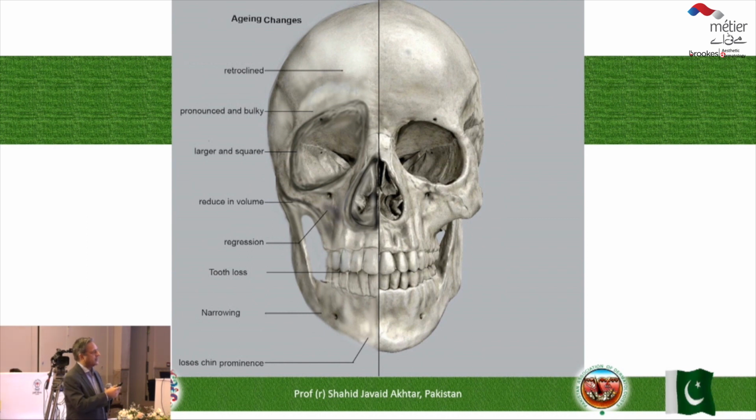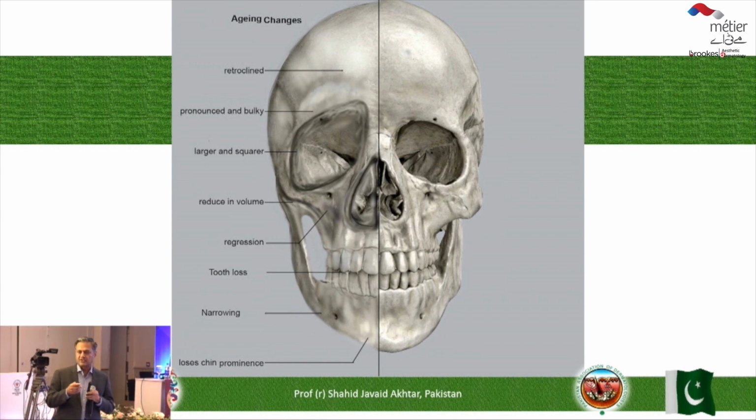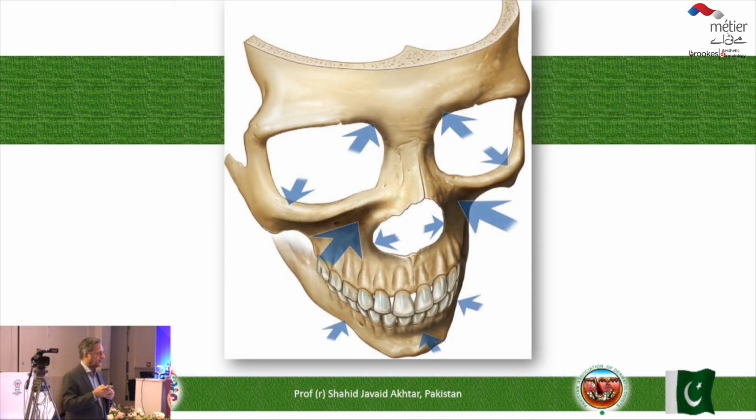The orbital opening also enlarges, especially superomedially and inferolaterally, and that's why you have to compensate for these atrophic changes by injecting onto the periosteum. We cannot do anything with the skull itself, but you can compensate to some extent for the atrophy of the skull by injecting onto the supraperiosteal area.